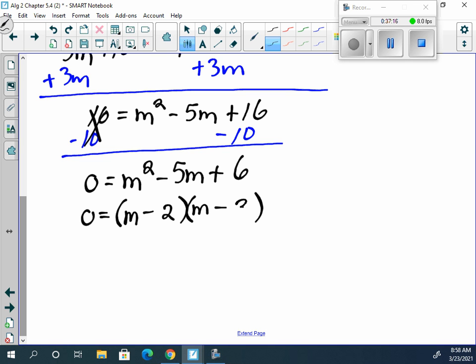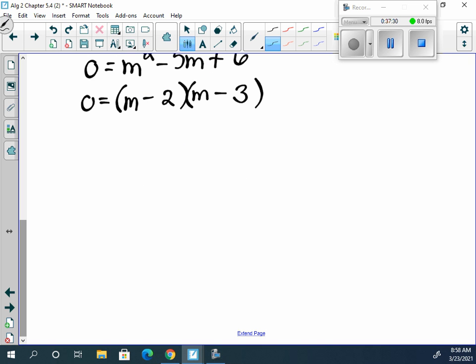Yes. So we can split these apart because any two things multiplied together equals 0 tells me that one of them has to be 0.